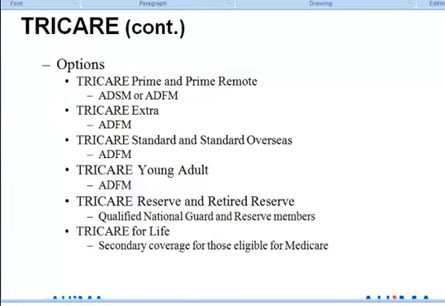TRICARE Remote or Prime Remote is required when the service members live and work in remote areas. In this option, the members may have access to primary care from an out-of-network provider, as providers are unavailable in their area that are in-network. There are no enrollment fees, deductibles, or co-payments for services and prescription with TRICARE Prime or Prime Remote.